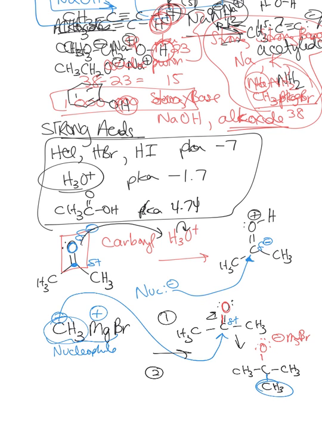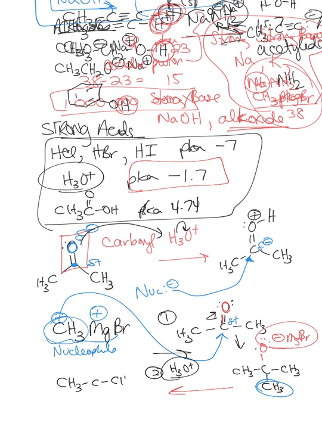So you look at 1 first, and then this is where you're adding your acid. When you add H3O+, which is hydronium, you see the pKa is negative 1.7. So what's happening is now it's going to react with the Grignard magnesium and protonate that oxygen.